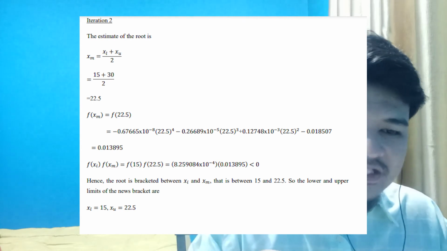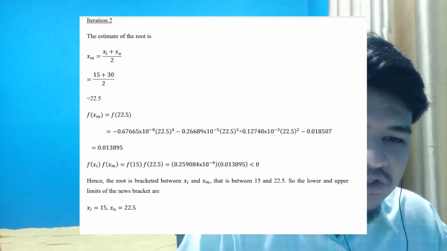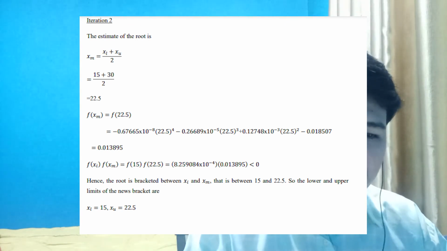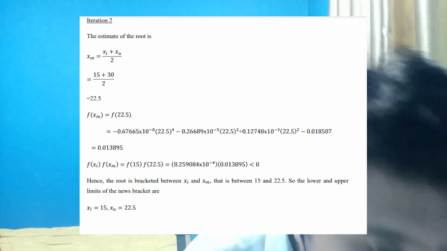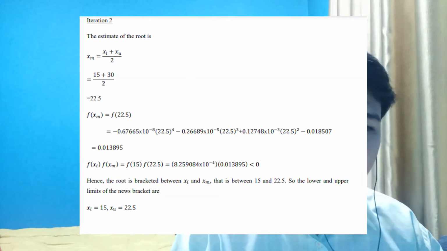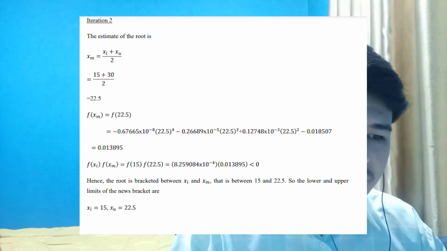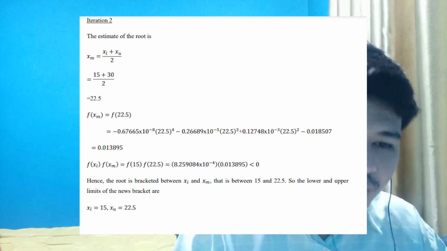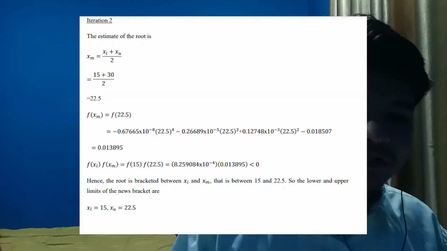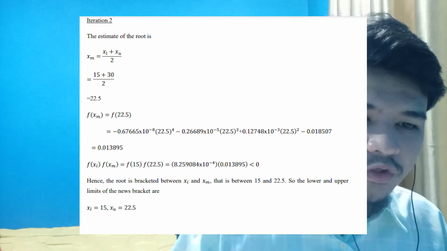We plug in the values and still we will get less than 0. So hence the root is bracketed between xl and xm, that is between 15 and 22.5. So the lower and upper limits of the new bracket are xl equal to 15 and xu equal to 22.5.